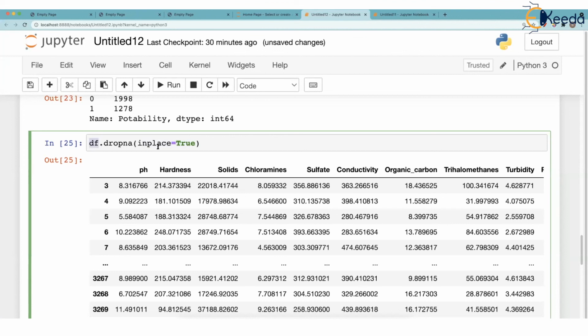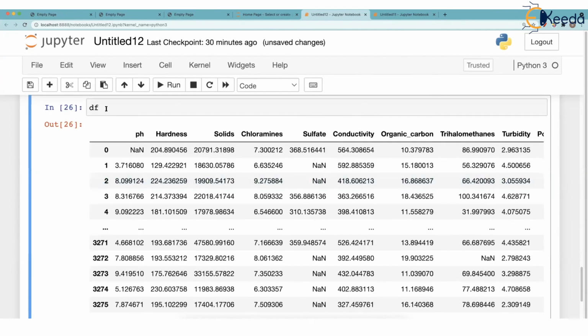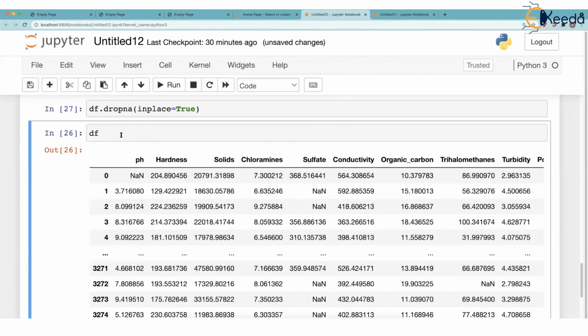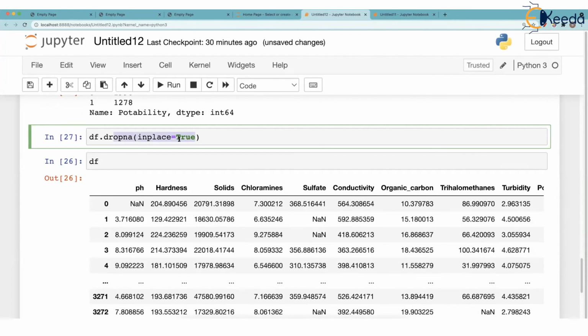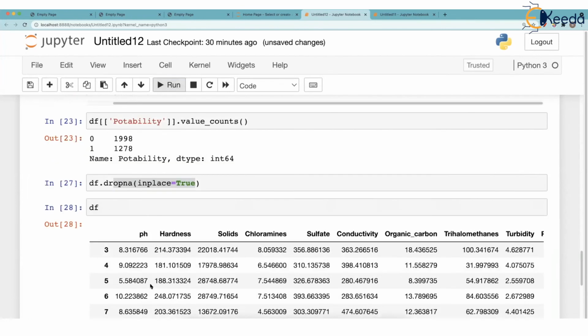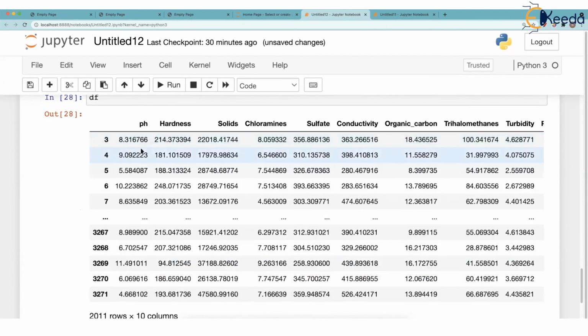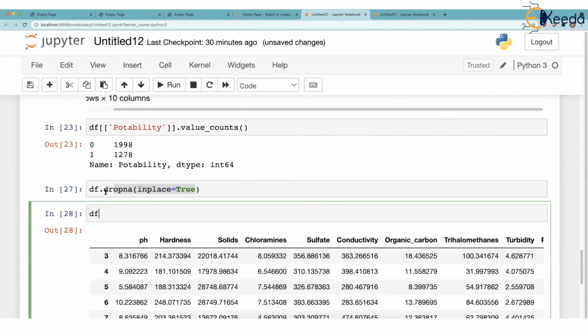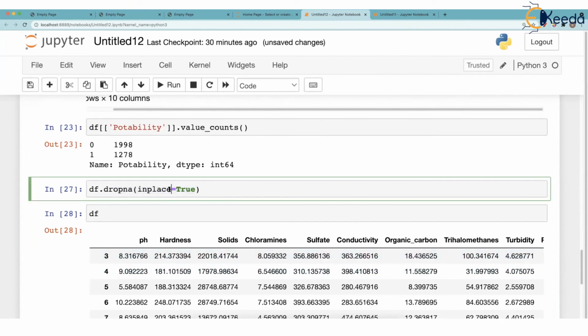If you don't give this, then the change will be temporary. If I now run this, obviously the NaNs are dropped, and now if I print df, this change is permanent. Anytime you ask for df now, you won't get those rows which you deleted. inplace equal to True.